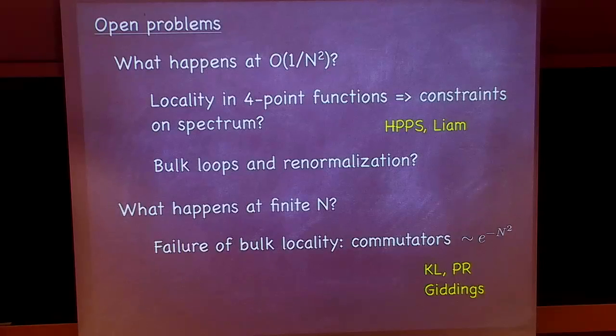There's no way to actually build local bulk fields at finite n. If you start with a finite n CFT and have real quantum gravity in the bulk with finite Planck length, you could still define fields in the bulk, but I think you're going to have to live with non-local commutators that are probably of order e to the minus n squared.